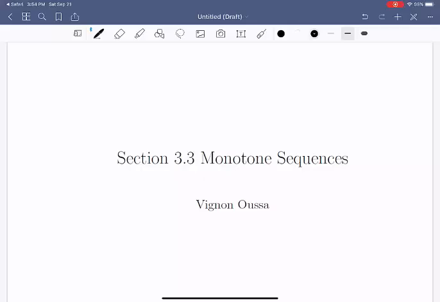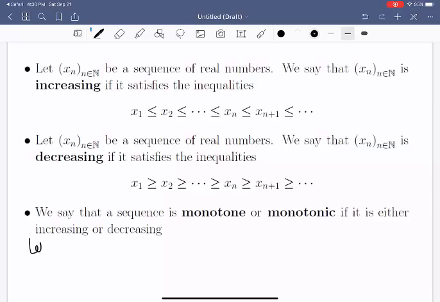So in this video, we will study the concept of monotone sequences. So let's get started. Let xn be a sequence.